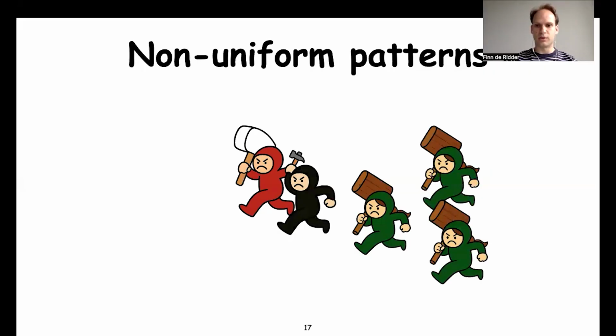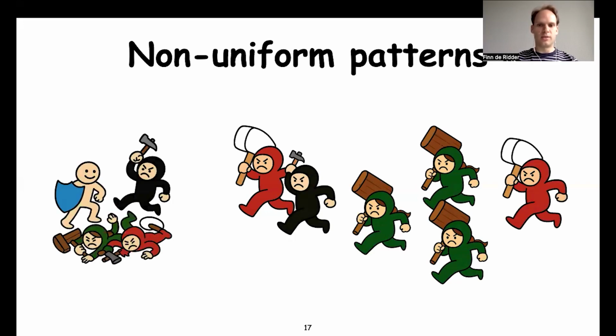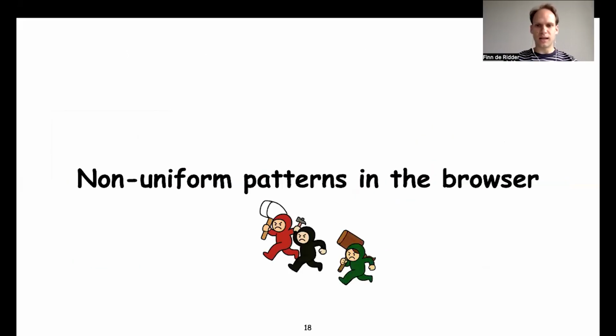So in this example, the green aggressor will be hammered more often than the other two, and this means these patterns are generally more effective because the mitigation needs to choose certain aggressors to mitigate and generally cannot stop all of them. The challenge lies in the combination of this non-uniformity with the browser context.